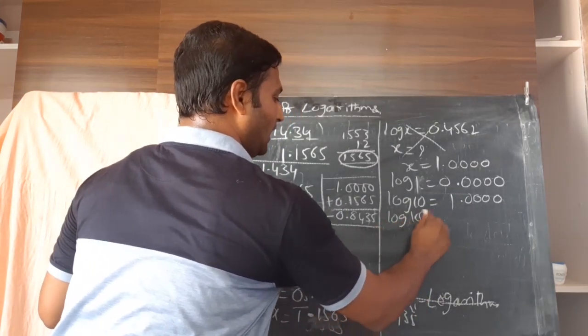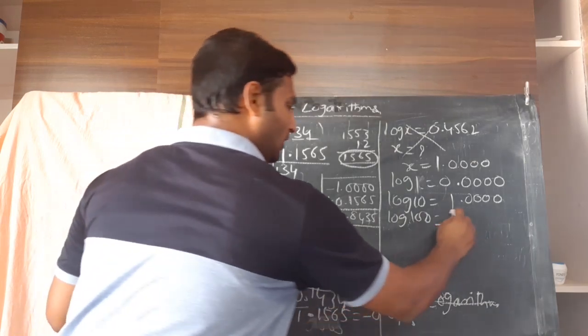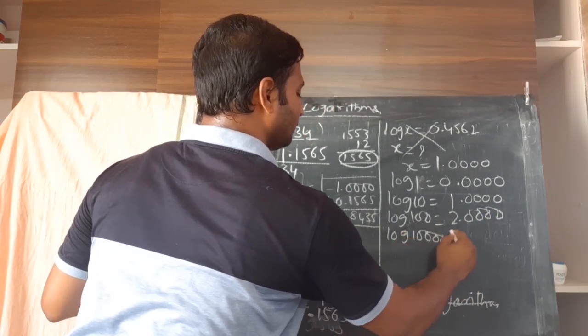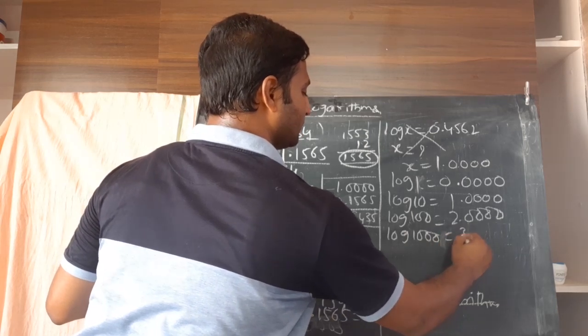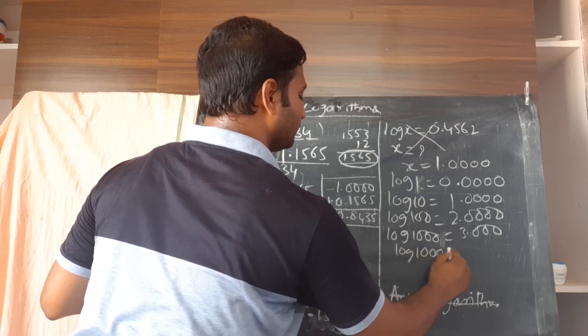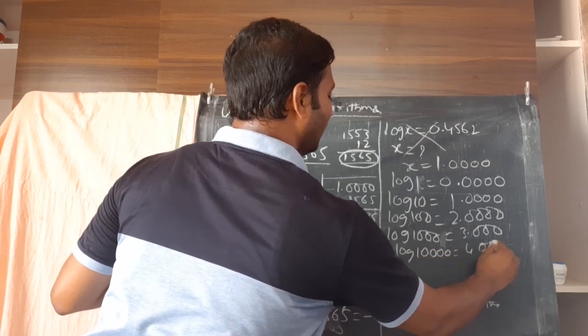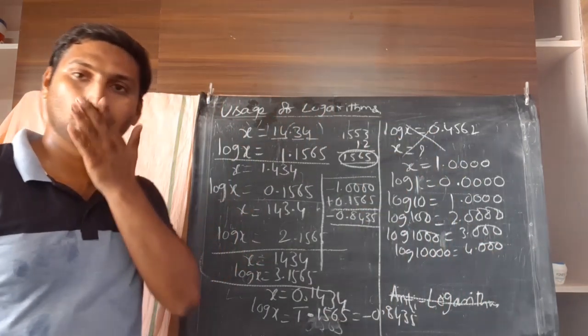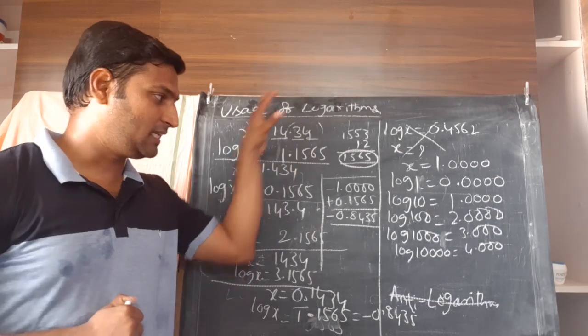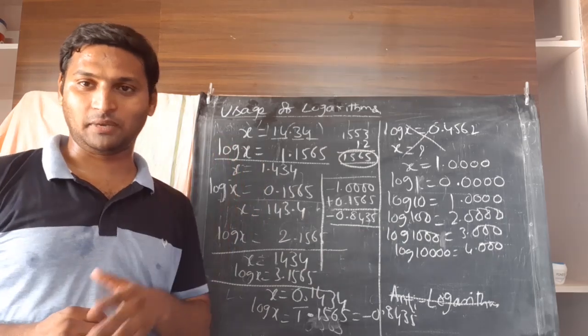Tell me now, log 100 is, you are absolutely right, 2. Log 1000 is, you are absolutely right, 3. Log 10,000 is 4. Likewise. Is that clear? So that is how logarithm values can be understood.